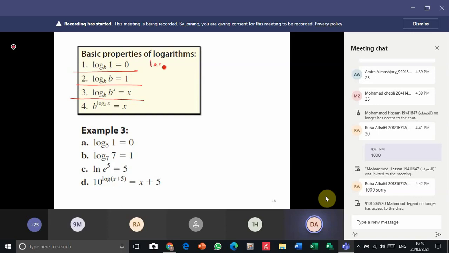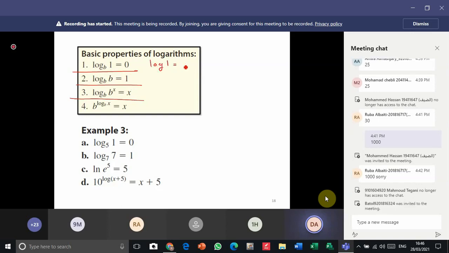So log 1 equals 0, ln 1 equals 0, and logarithm 1 to base 5, for example, equals 0. So logarithm 1 to any base, base 10, base e, any base, equals 0.